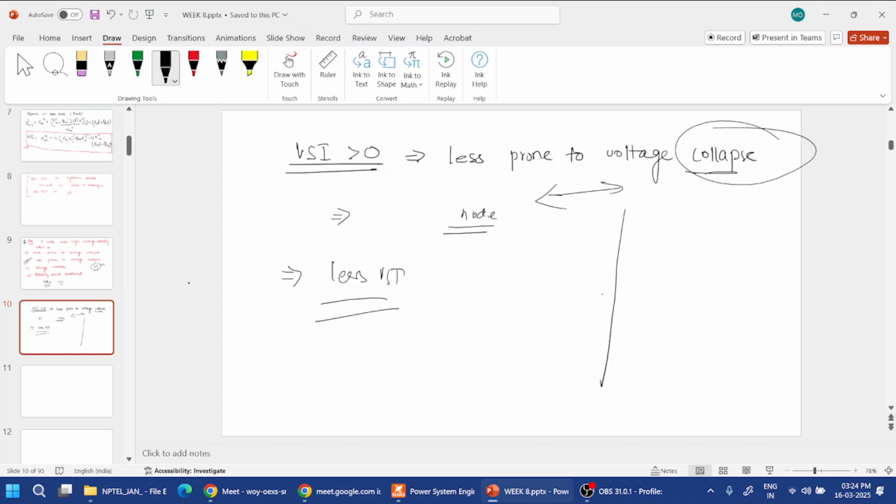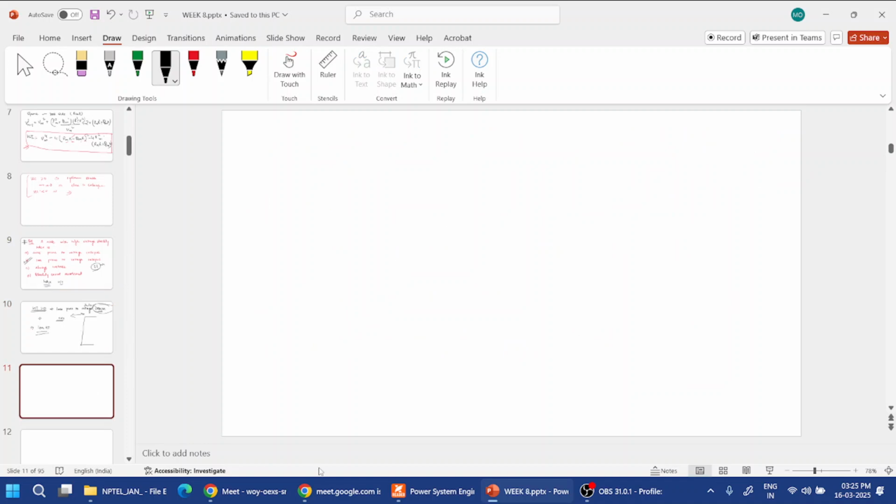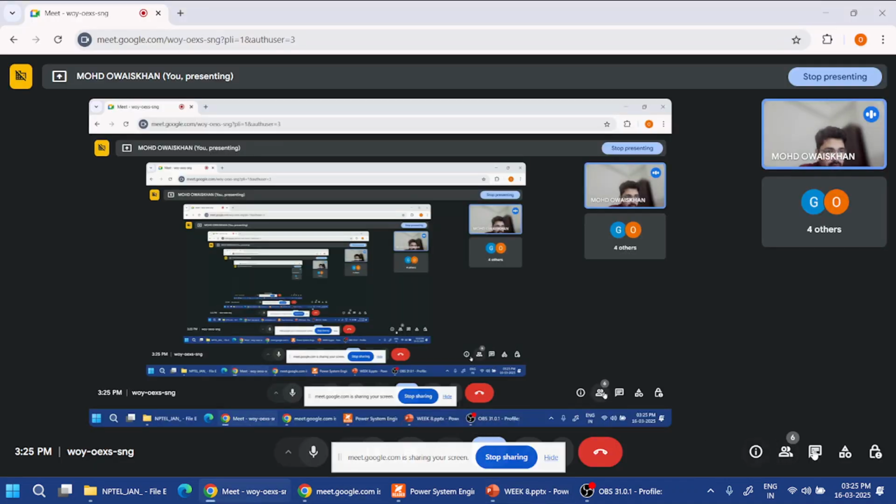Actually here collapse means outage. It's just a misnomer term, because in the question it has been collapse. So if we add more load, or in future due to consistent loading on that node, it will lead to an outage problem on that node. That's the meaning of collapse here. I hope you understood that.